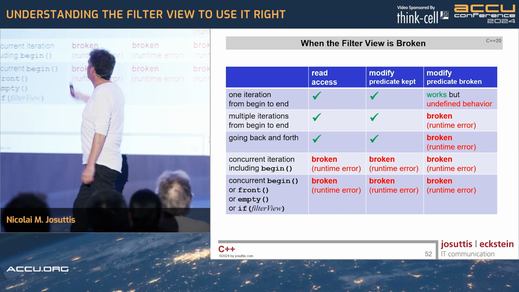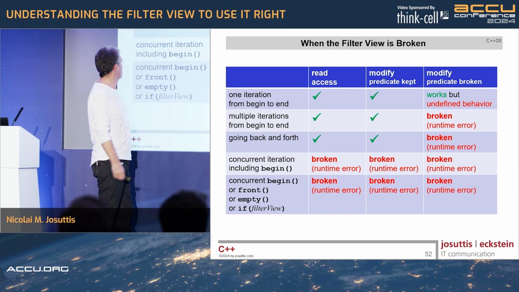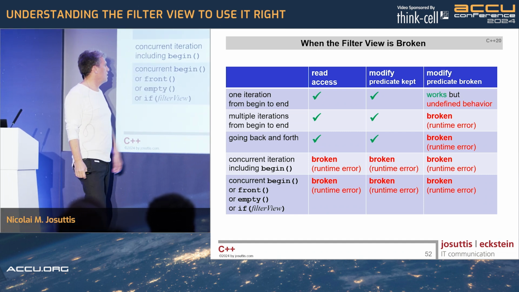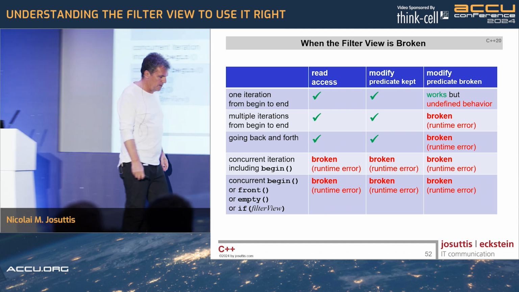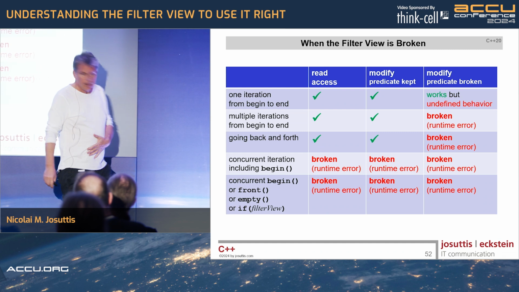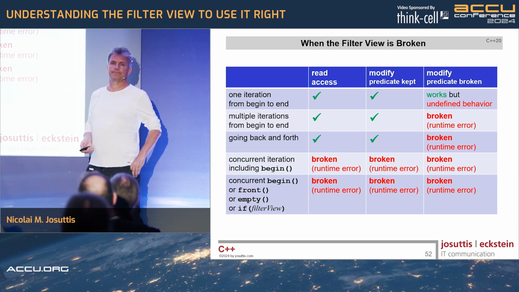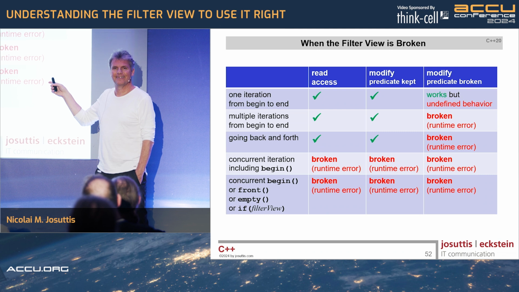Concurrent iterations, even if we only read, are broken. And concurrent calls of begin, front, empty, and if it is also available, so is, which is the opposite of checking whether it's empty, are also broken. You should know that when you use the filter view.